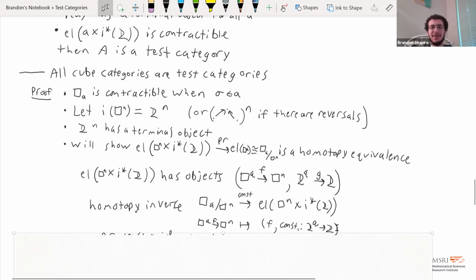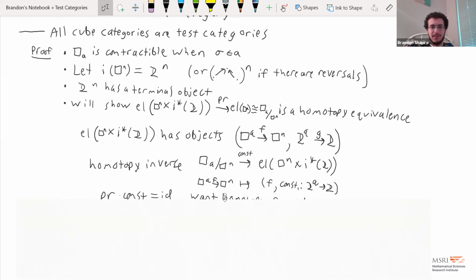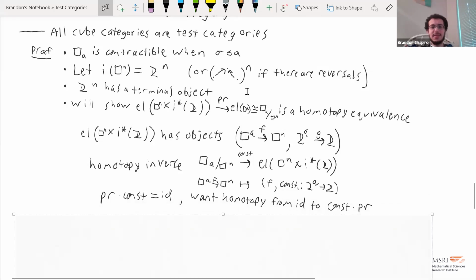So it sends everything to the target. And this applies just as well to any category with a terminal object. And you can check that this is functorial. So if you compose these from here to the left and then back, you just get the identity, because F goes to F const, goes back to F.